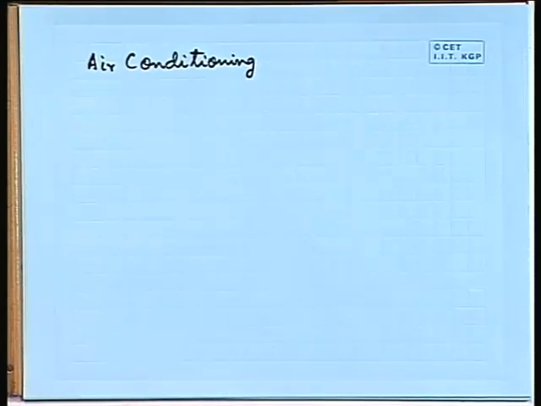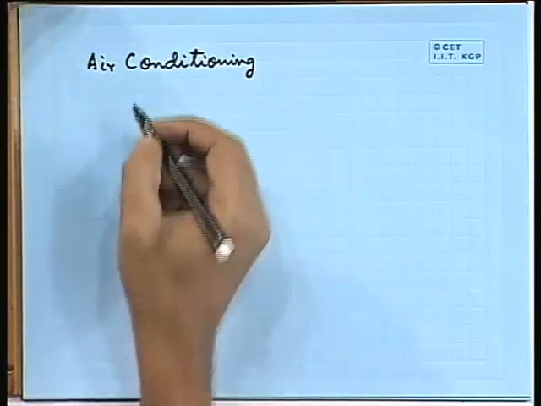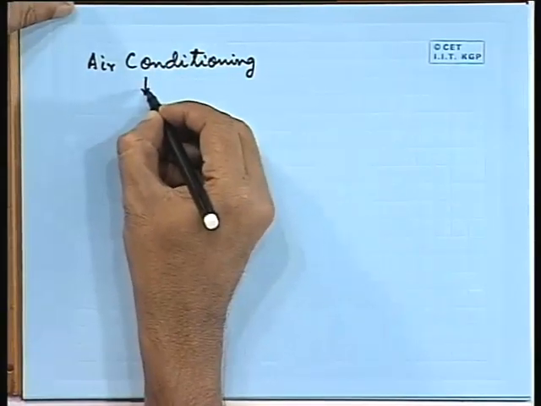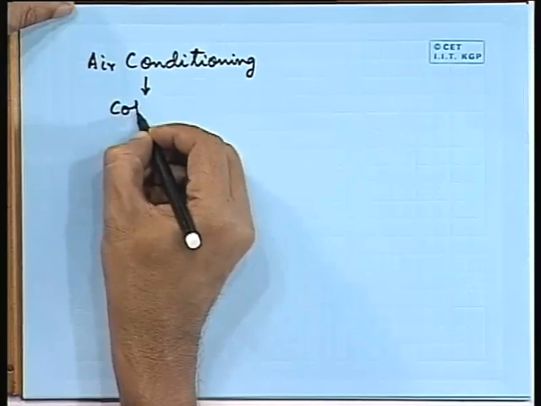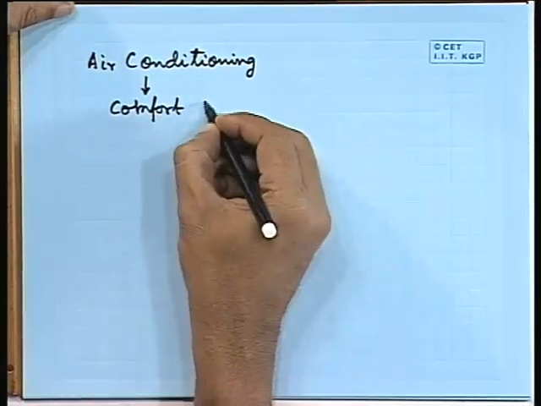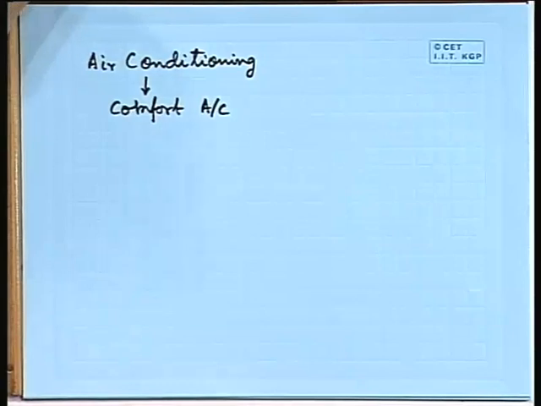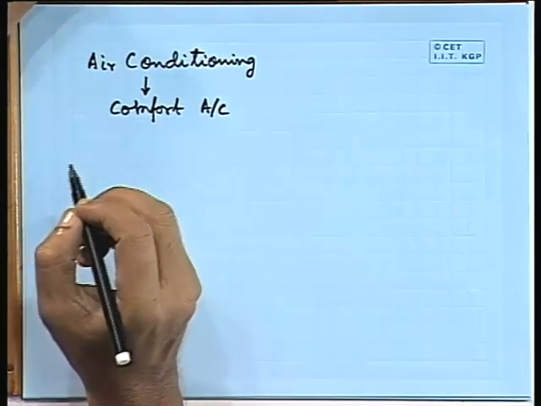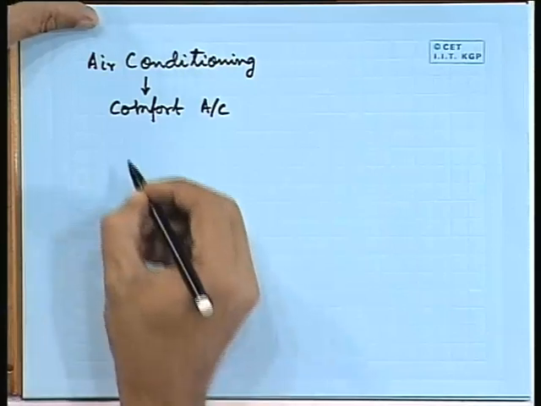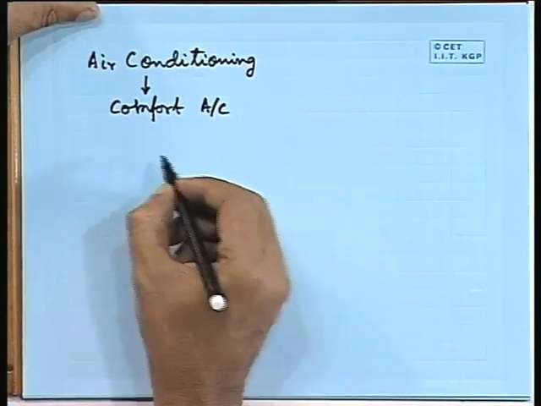There could be comfort air conditioning, there could be conditioning of air for preservation of foods, etc. So, our concern is comfort air conditioning. All right. Now, in comfort air conditioning, basically what properties of air we want to monitor.